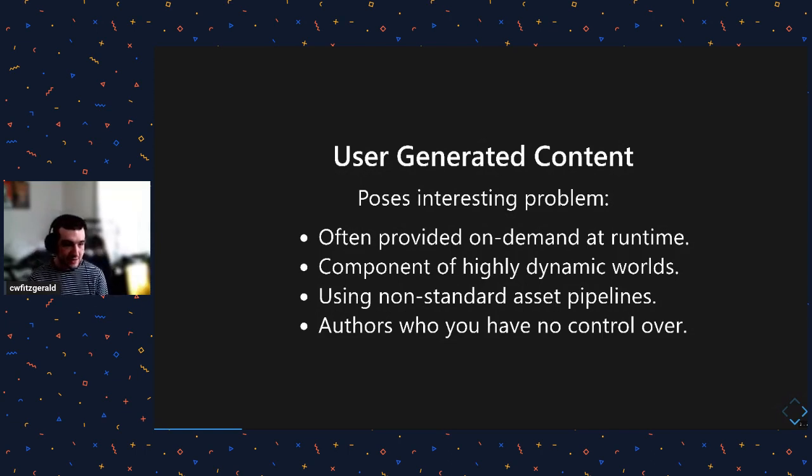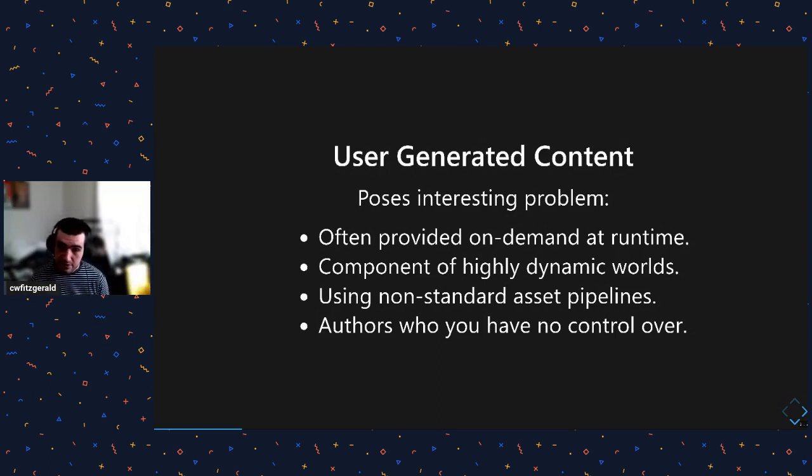Things that have user provided content often are constantly changing, have people contributing, removing, modifying the world. And that is another issue that causes a lot of tension against the asset pipeline kind of model where everything is pre-baked.